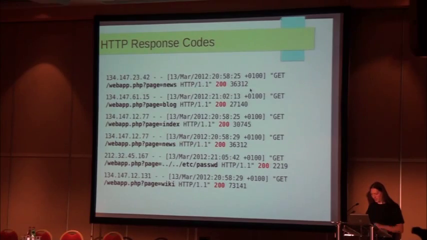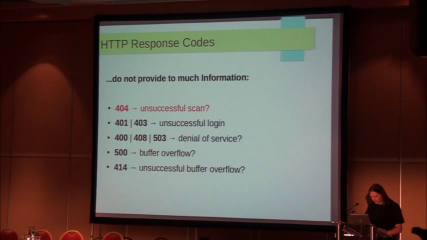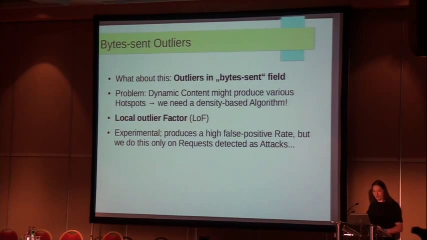But we still can see there's some hotspot in some magnitude of value. We also can maybe have several hotspots. That's why we used a density-based outlier algorithm, the local outlier factor, which is pretty slow, but okay, because we do this only for requests detected as attacks.